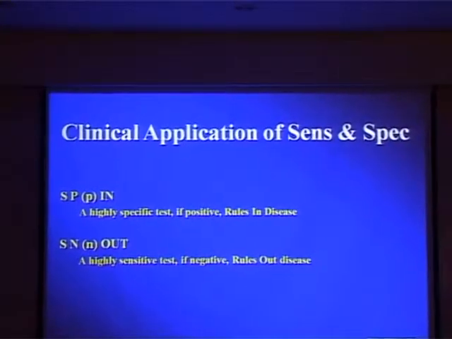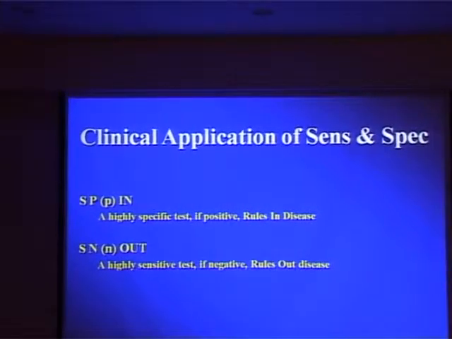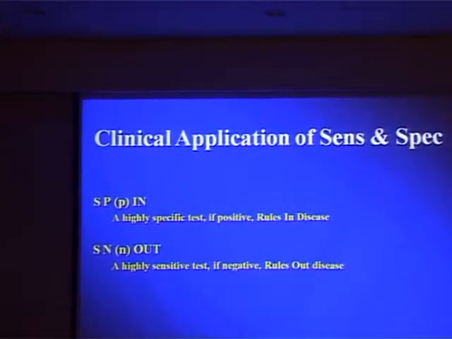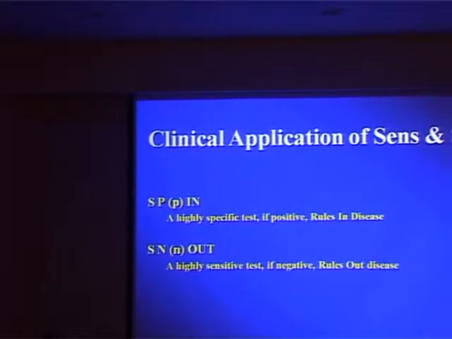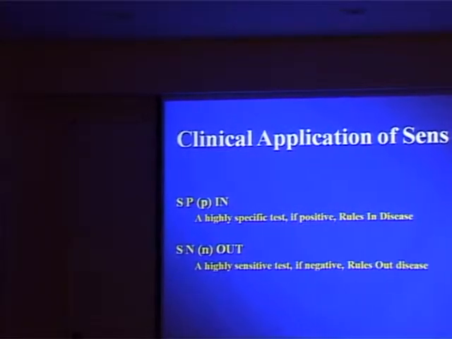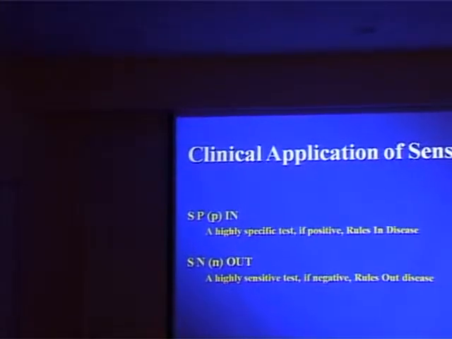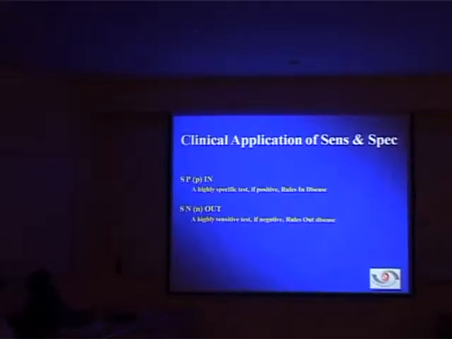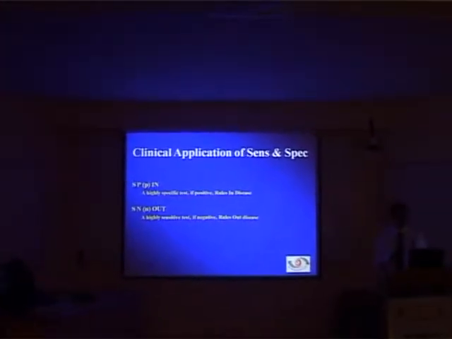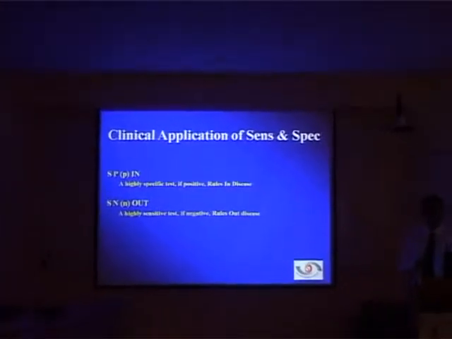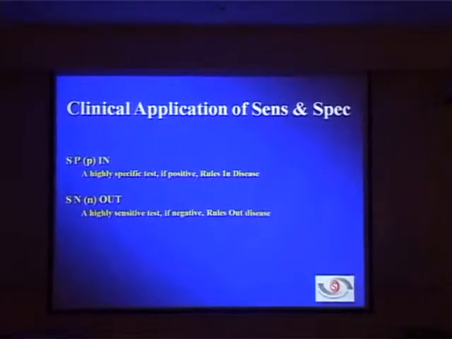So basically two concepts when you know the sensitivity and specificity. A test which is highly specific, if it is positive, it rules in the disease. Is it clear? Why? Specificity means true negatives.